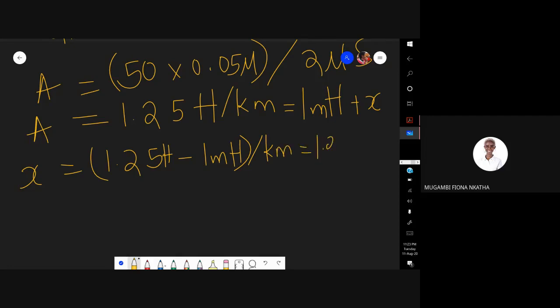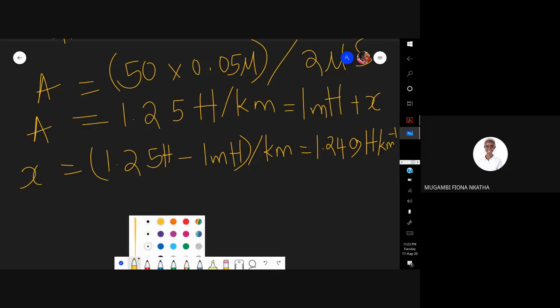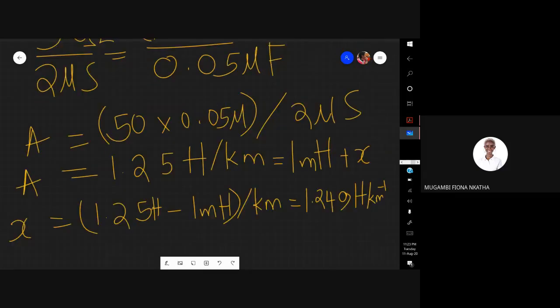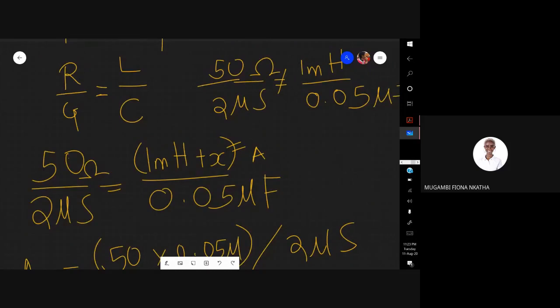You get 1.249 Henry per kilometer. So that's our X. And that is the inductor loading required to achieve distortionless transmission. Remember that it is not A we are looking for.